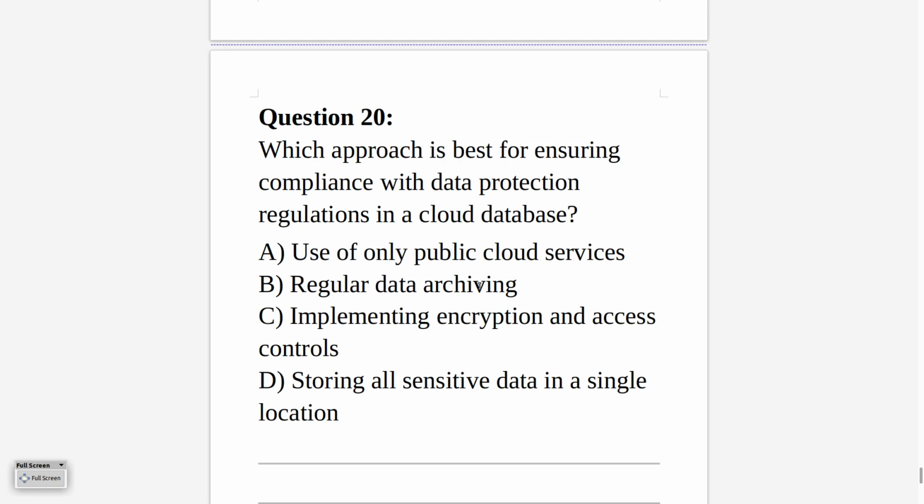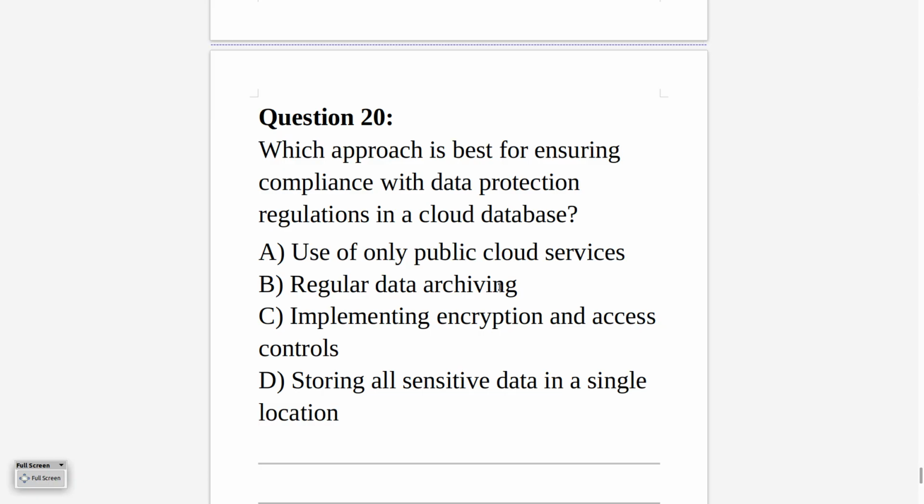Okay, B, regular data archiving. That's just good practice, but it's not really an approach. C, implementing encryption and access controls. I would say it's C. I mean, encryption should be on everything anyway. Data at rest, in transit, it doesn't matter.